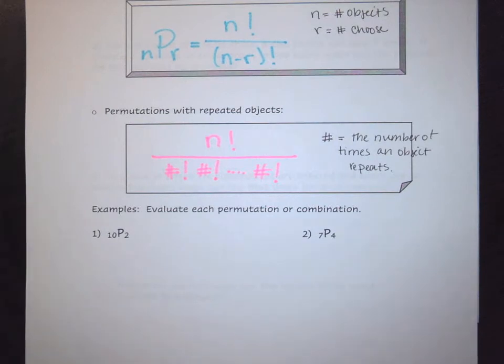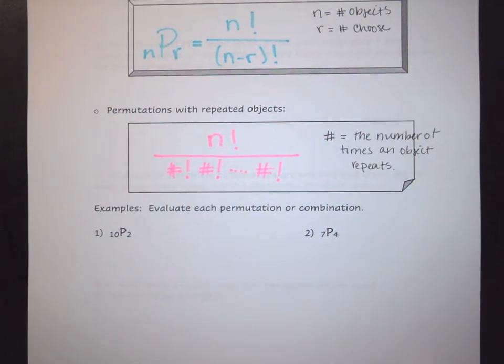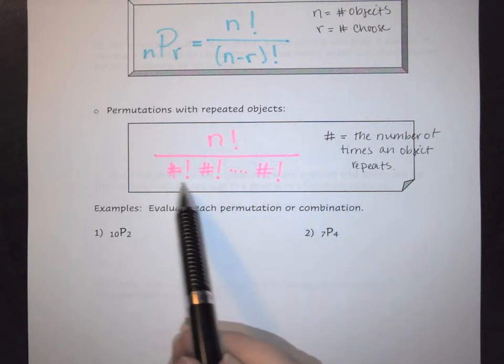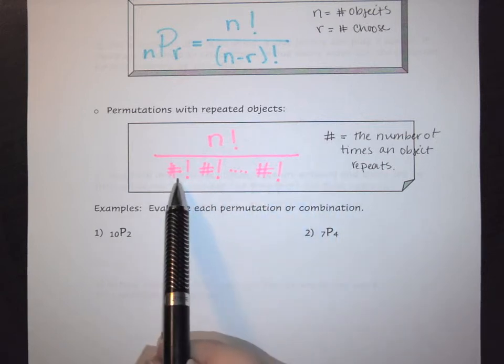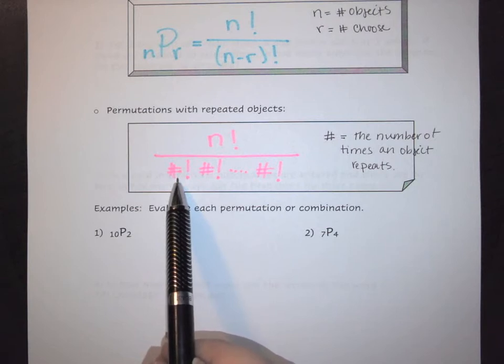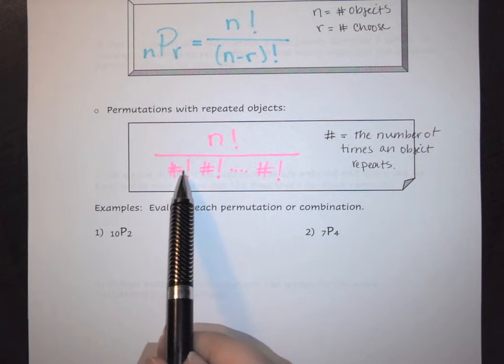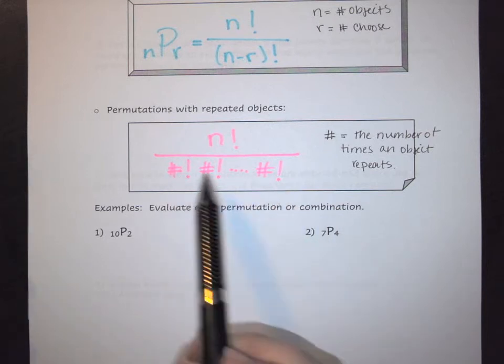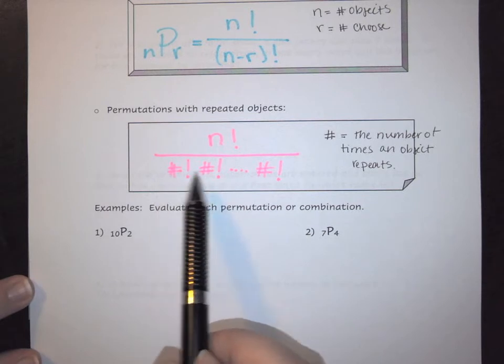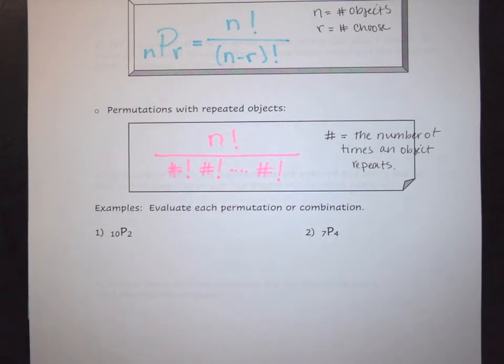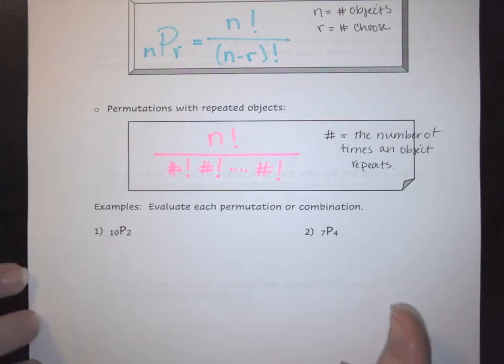So, for example, in that word, supercalifragilisticexpialidocious, if I listed all the letters out, in order to figure out my numbers down below, I would say, for example, how many A's did I have? Well, if there were, say, only 2 A's, then it would be 2 factorial. If I had 7 I's, it would be 7 factorial. So you would do that for each individual object, and you would count up how many times they occur. Okay? So those are the two formulas you need to pay attention to.